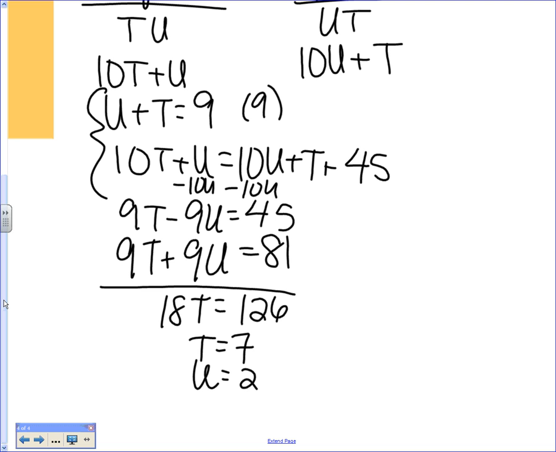Do y'all see how they work? So, new number. What happens if you reverse the digits? They switch. Do they still have the same equation? 10t plus u? Should this one also be 10t plus u? No, that would be the same number. Does that make sense?